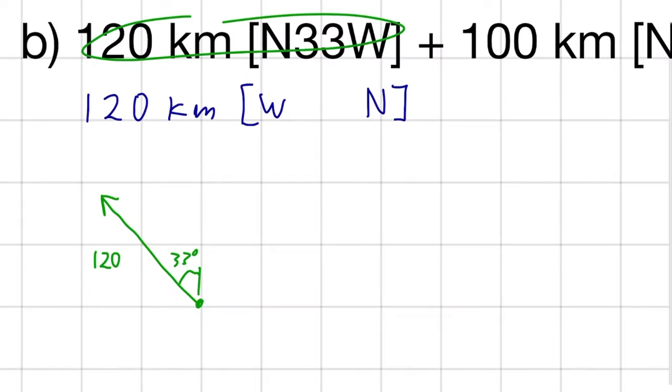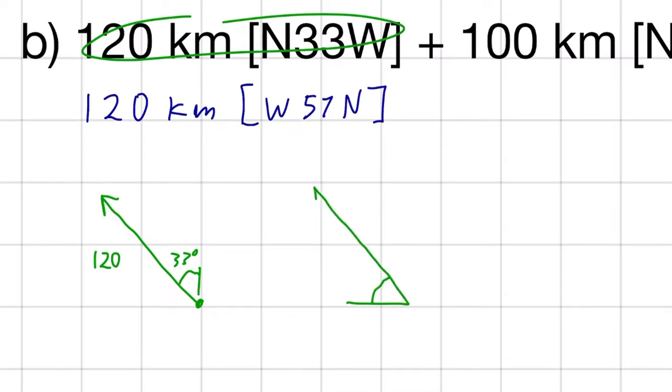Well, what if I do west 57 north? Let's sketch that and see what that does. Well, if we start west and then go 57 degrees north, well, this is going to be our vector.